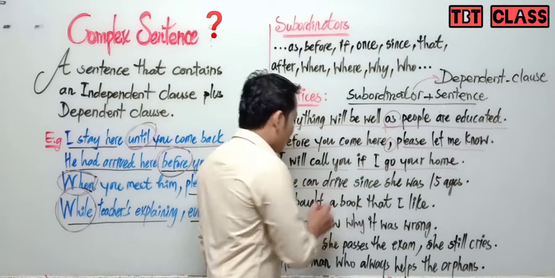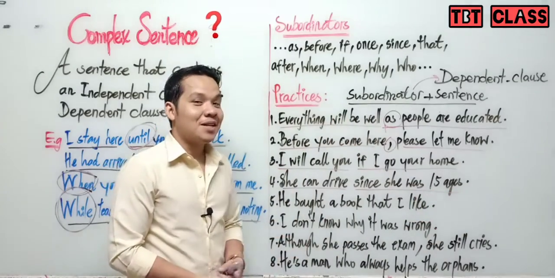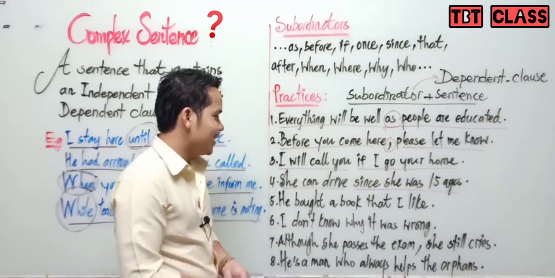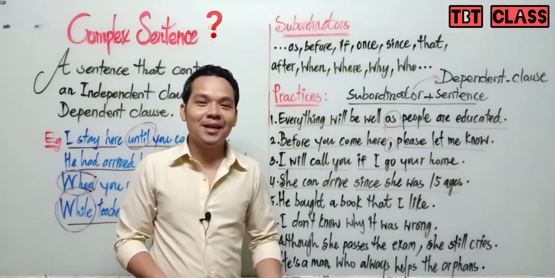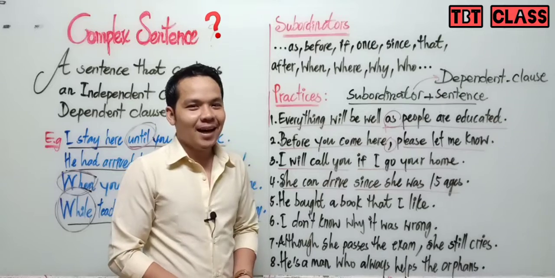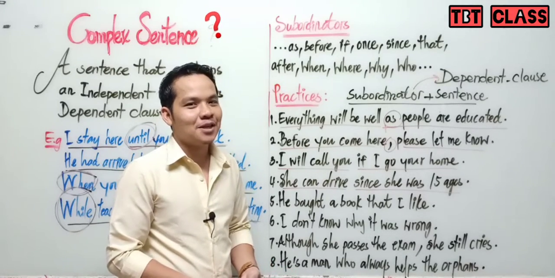Independent clause, dependent clause. So it is a complex sentence. Very easy, I think. So when you keep watching, I think you get what I am explaining and showing you.